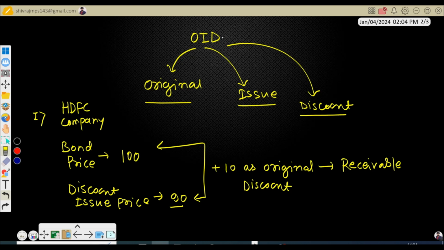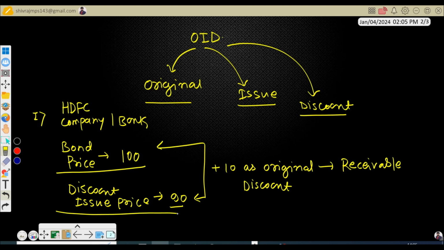For example, let's say HDFC bank wants to raise capital through bonds, and they have decided their original bond price, which becomes your redemption price, is 100, but they are offering the same bond to investors at 90 rupees. So it means a 10 rupees discount basically. So the investor will receive a 10 rupees discount on this particular bond.